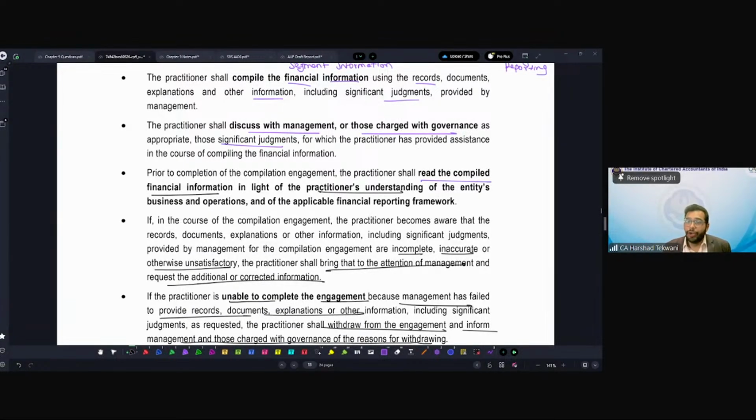It means quality control for firms that perform audit, review of historical financial information, other assurance engagements, and related service engagements. It covers every kind of engagement. That's why it's applicable to SRS 4400 and 4410 both. This is a report, not a certificate.